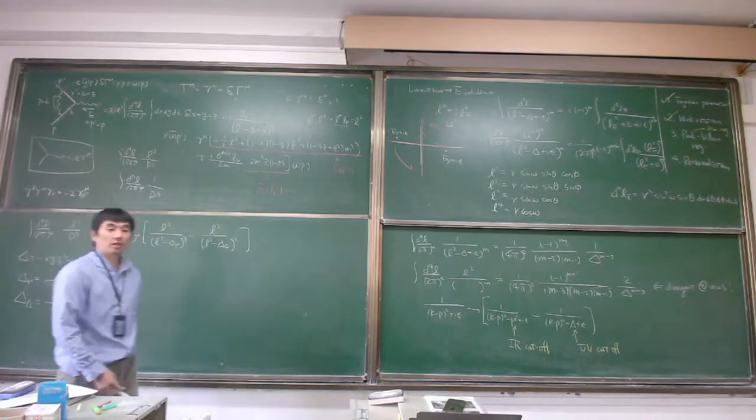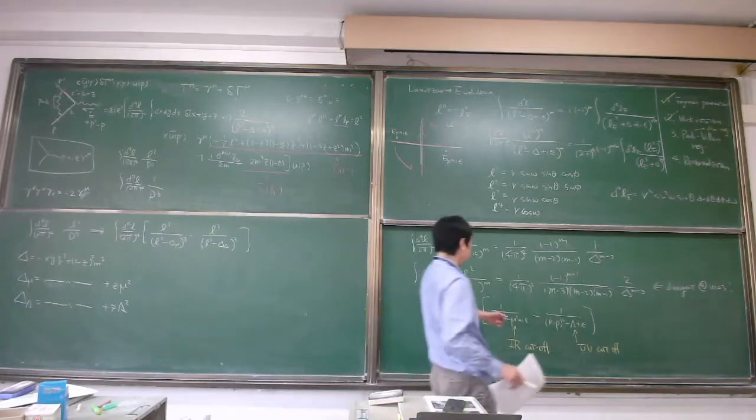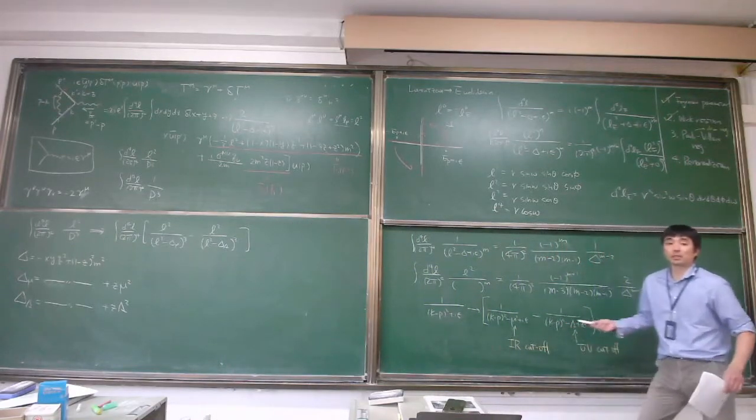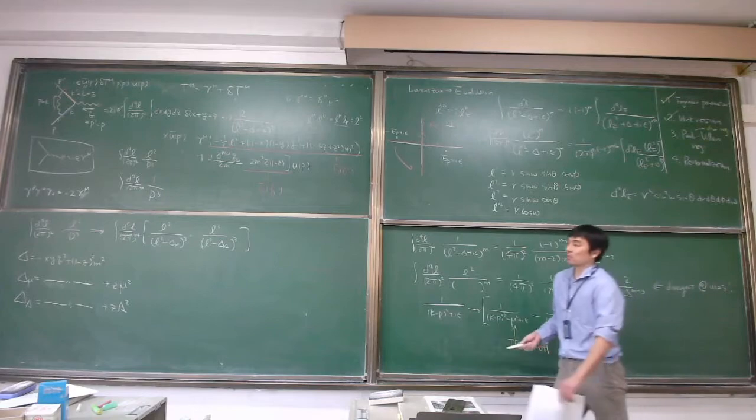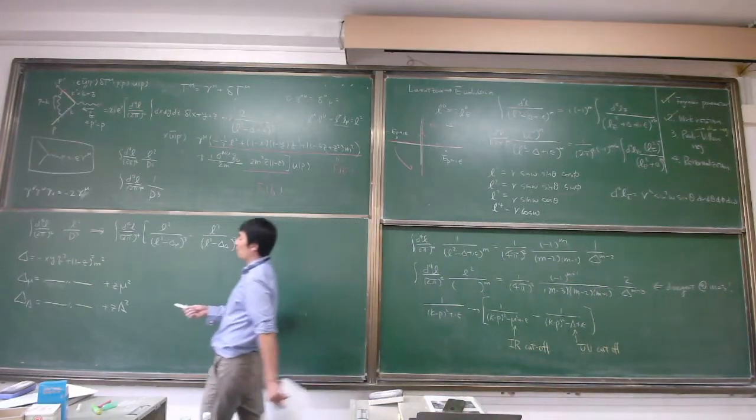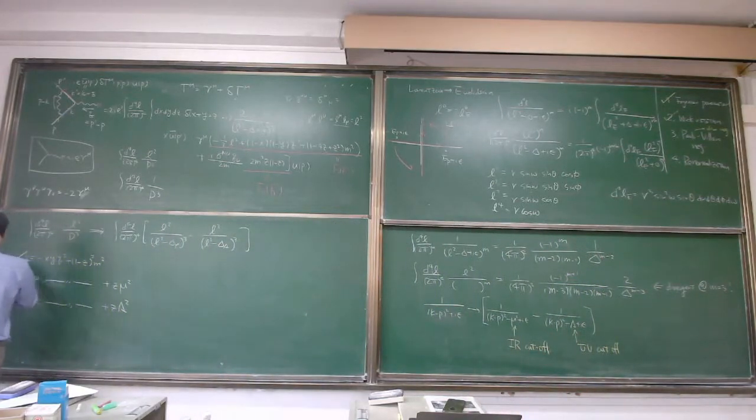Since we introduced the fictitious photon masses mu and lambda, after introducing the Feynman parameter, this delta has a dependence on the masses mu and lambda of the fictitious photon. So that's what we have.